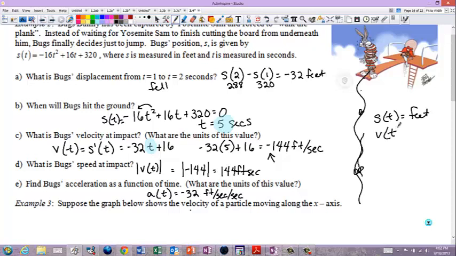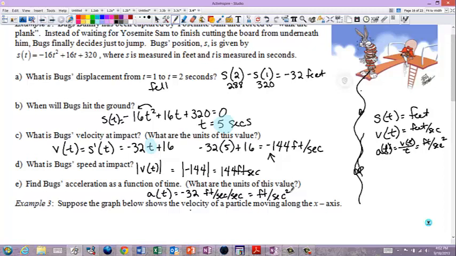Velocity is the change in feet over the change in time, so it's feet per second. The acceleration is the change in velocity with respect to time, so it's feet per second squared if you take physics. So you can say feet per second squared.